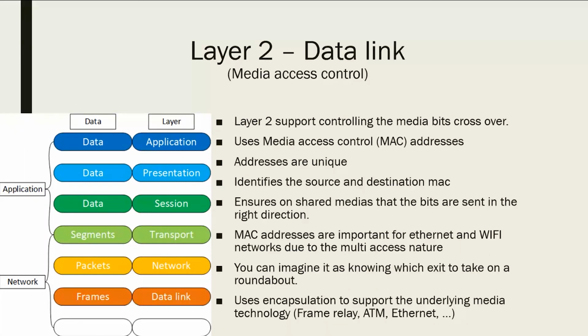Next, we have layer 2. And layer 2 is similar to the network layer, but it's relative to your local network, inside what's called a subnet. So you can imagine this as how do you get towards your home router inside your home network?